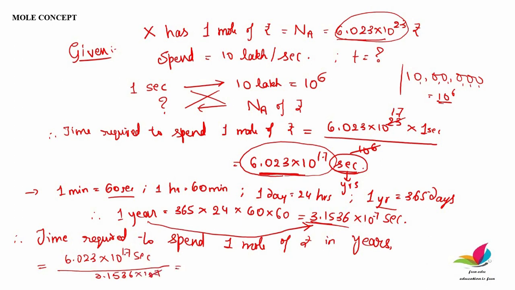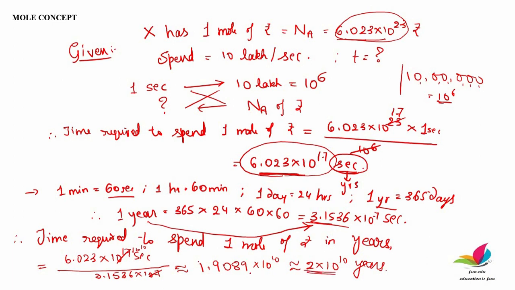So how much will you get? This is 10 to the power 10. Using a calculator, or manually, you will get 1.9089 into 10 to the power 10, which is approximately equal to 2 into 10 to the power 10 years.